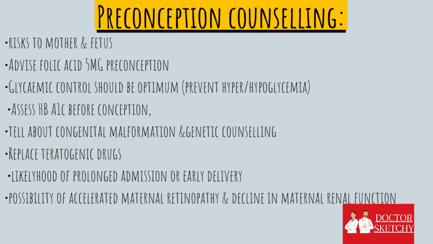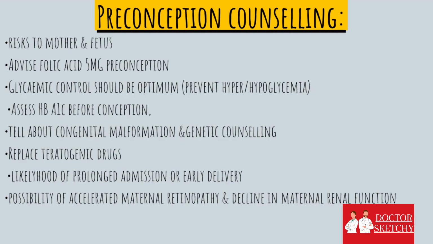Tell her about all the risk of congenital abnormalities, and genetic counseling should also be done. And if there are any previously used drugs that are teratogenic, you should replace those drugs. You should also counsel her about the likelihood of prolonged admission or early delivery, and the possibility of accelerated maternal retinopathy and decline in the maternal renal function if her retinas and kidneys are already affected.